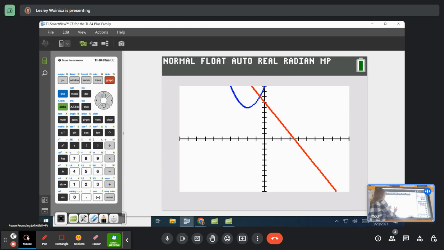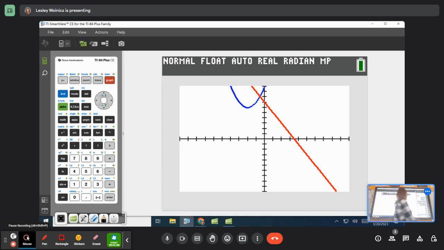So my question is, do I want to see more of the x's in the positive direction, more x's in the negative direction, more y's in the positive direction, or more y's in the negative direction? Yeah, so I'm going to have to change my y max, okay? All of our windows pretty much have been 10, negative 10, 10, negative 10. We're changing that today.